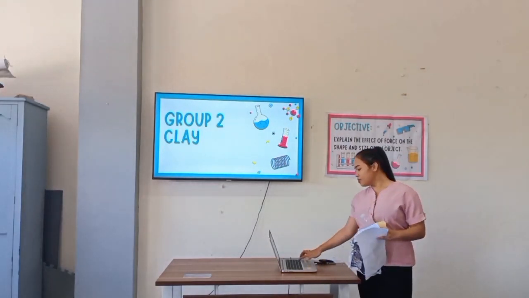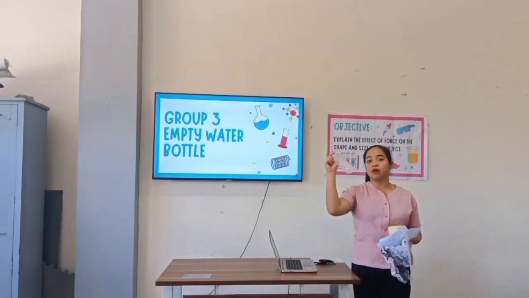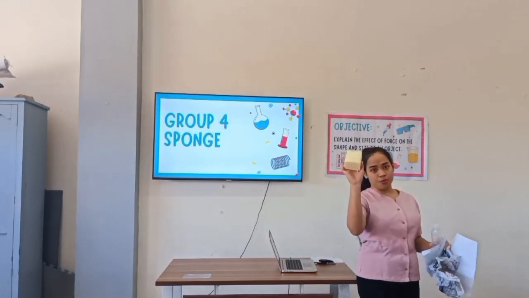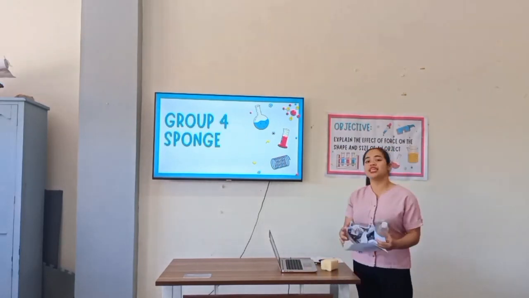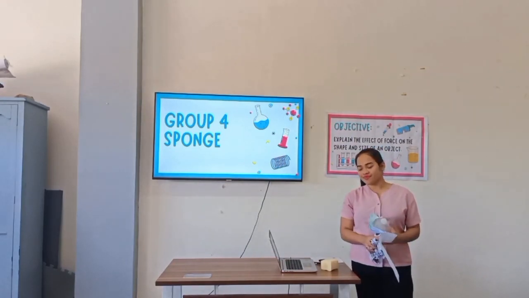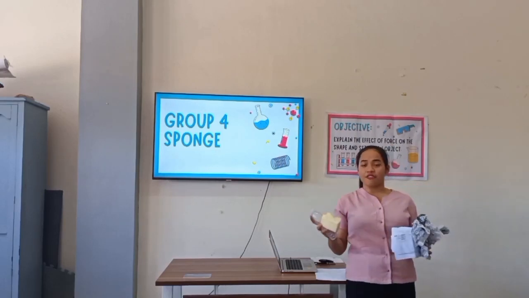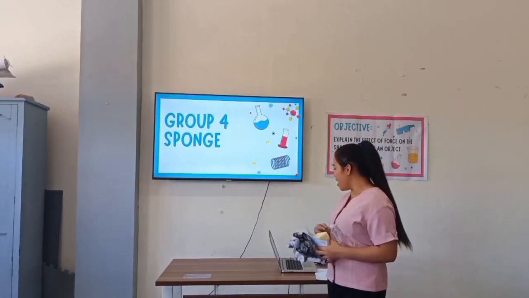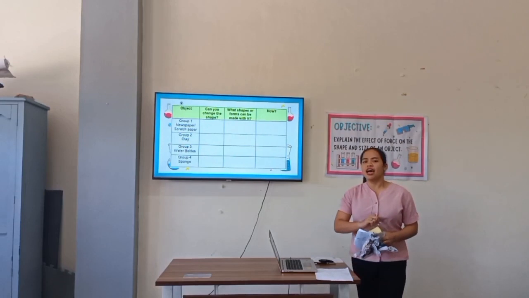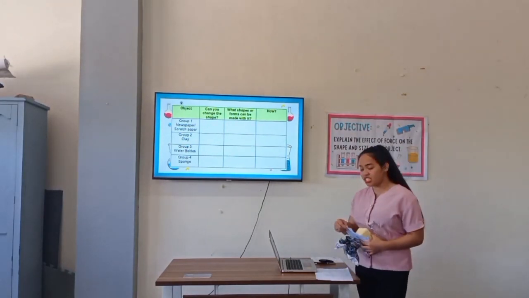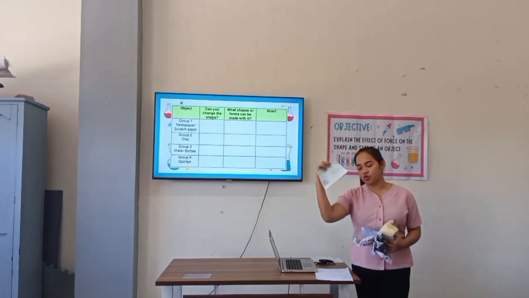The third group will be given an empty water bottle. And the fourth group will be given a sponge. Now, do you understand, class? Yes, teacher. Now, you will be applying force to these objects and answer the questions written on the piece of paper that will be given to you.